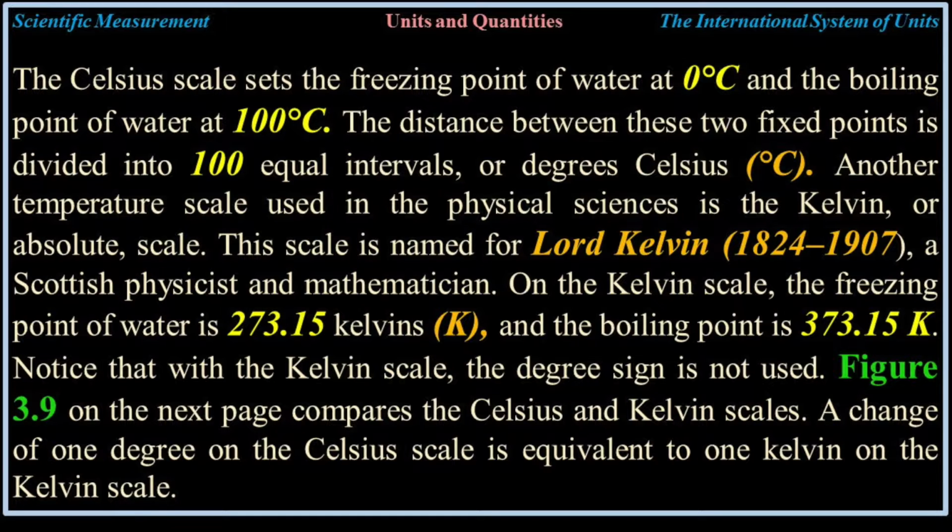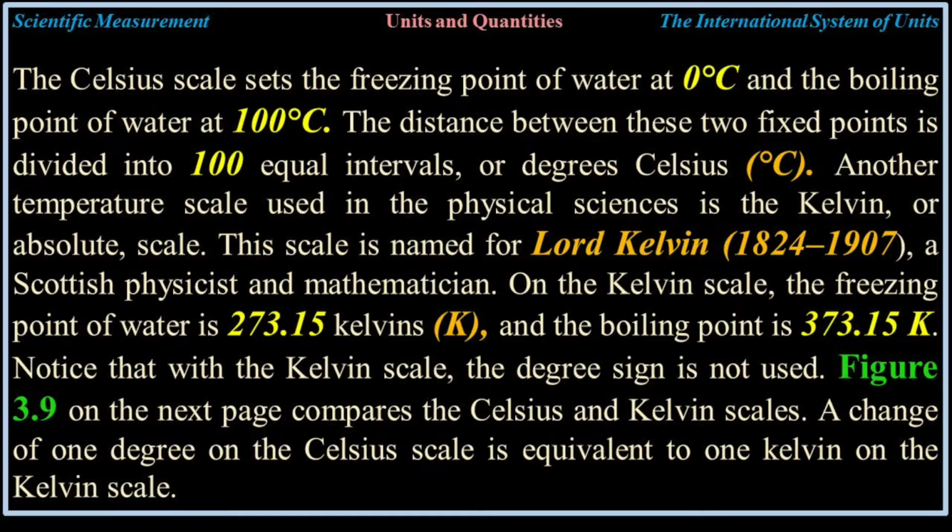The distance between these two fixed points is divided into 100 equal intervals, or degrees Celsius. Another temperature scale used in the physical sciences is the Kelvin, or absolute scale. This scale is named for Lord Kelvin, 1824 to 1907, a Scottish physicist and mathematician.